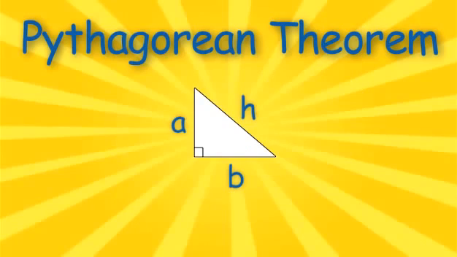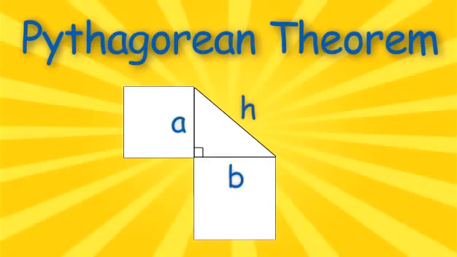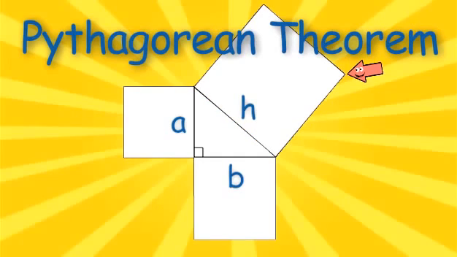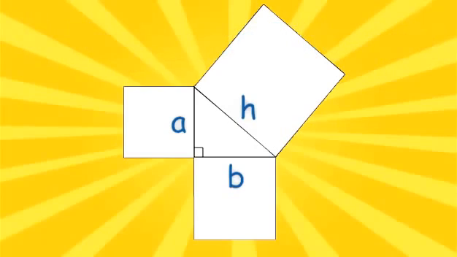It's simple, really. It means that if we add a square to leg A and a square to leg B, then the sum of the area of these two squares is equal to the area of the square on the hypotenuse. Since this is a square, then each side must measure A.